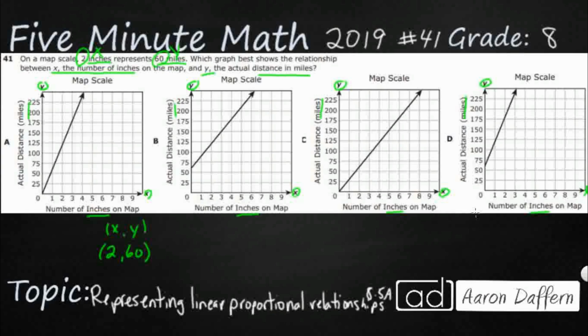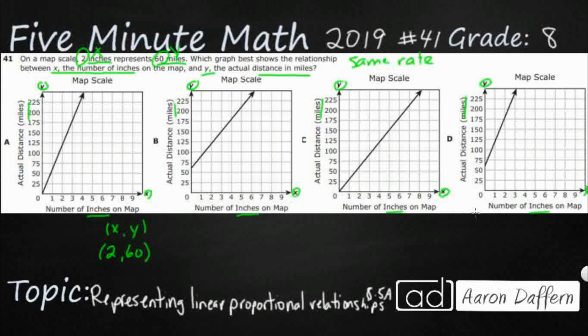We're looking at a map scale. It does not necessarily tell us, but we just know from our own background knowledge that we are going to have the same rate. So we're not going to have 2 inches represent 60 miles in one part of the map, and then 5 inches represent 60 miles in another part of the map.